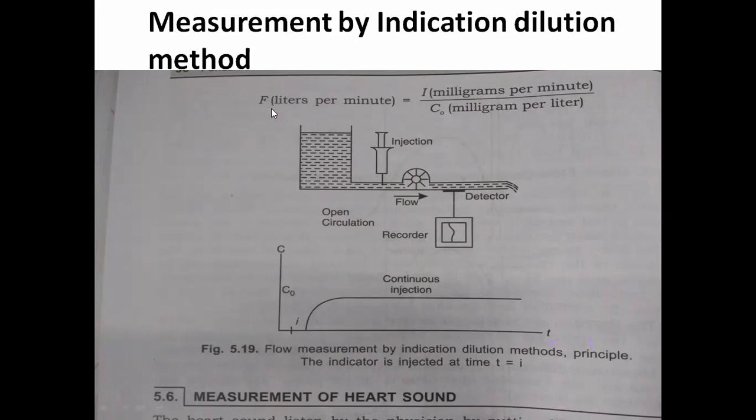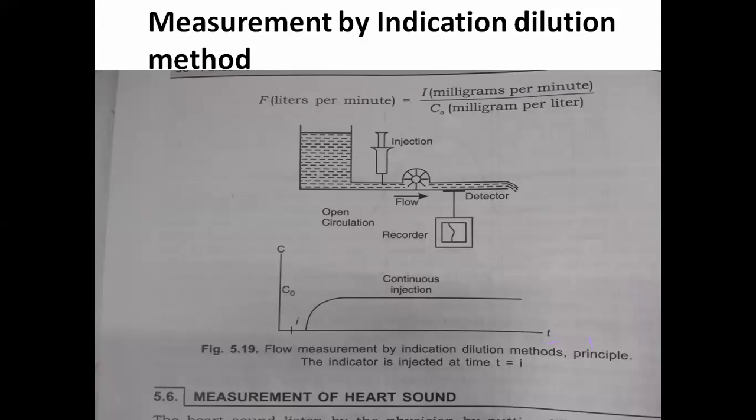How much flow there is will be identified by the injection rate, I, which is how much amount you injected, in milligrams per minute. So with respect to time, a certain amount we will inject.